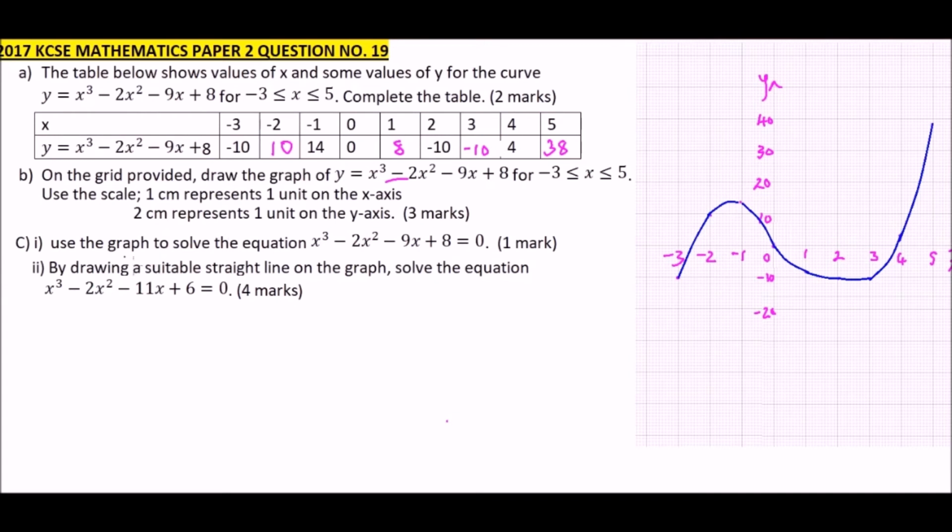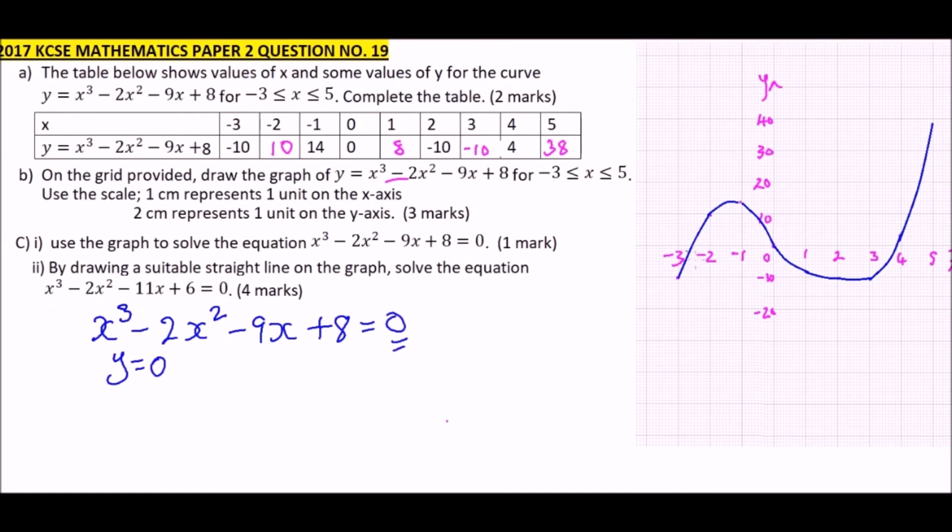So part C, Roman number 1, use the graph to solve the equation x³ − 2x² − 9x + 8 = 0. If you look at this, this is an equation, this is a function. It means that we are looking for the values of x when y is equal to 0.